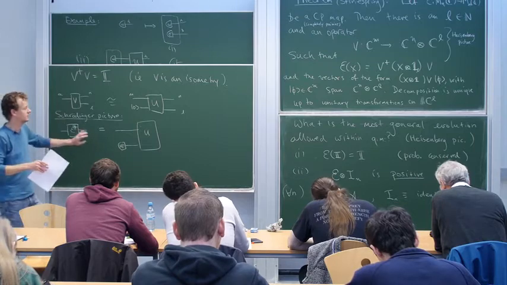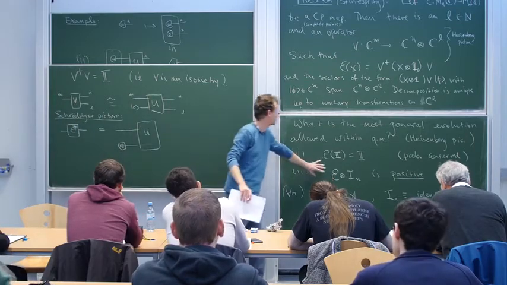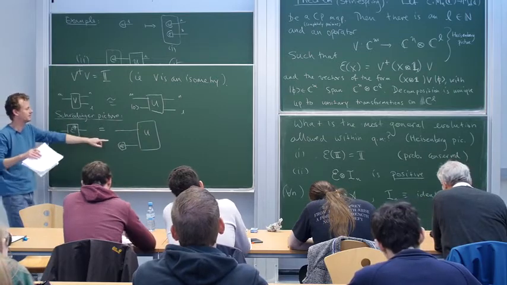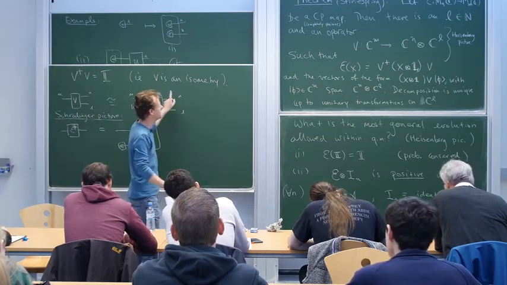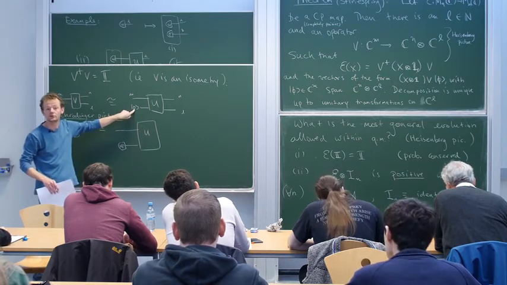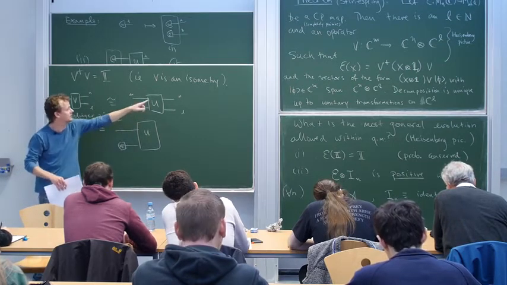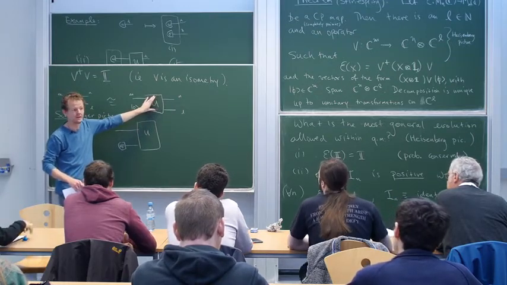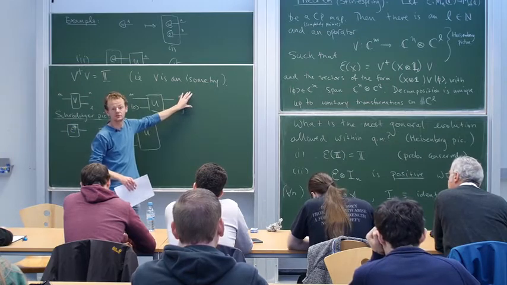Every transformation allowed by quantum mechanics described in the Schrödinger picture can be written as tensoring in an additional system in some state 0, or in this case phi, some unitary operation, followed by reduction to a subsystem.